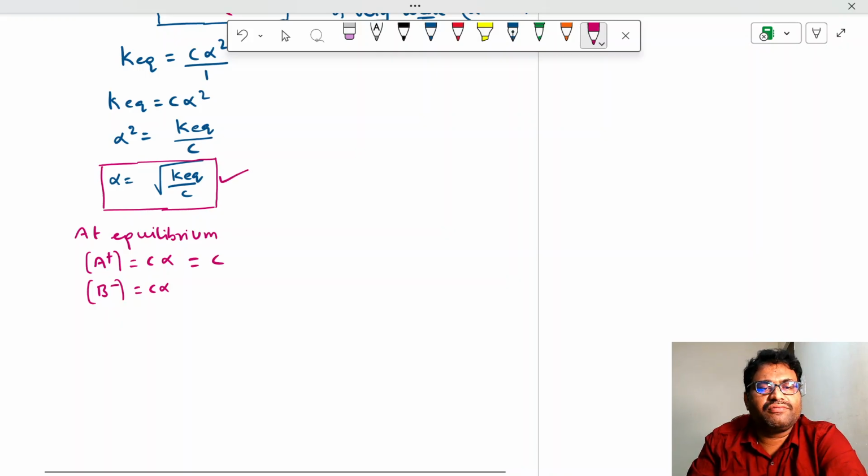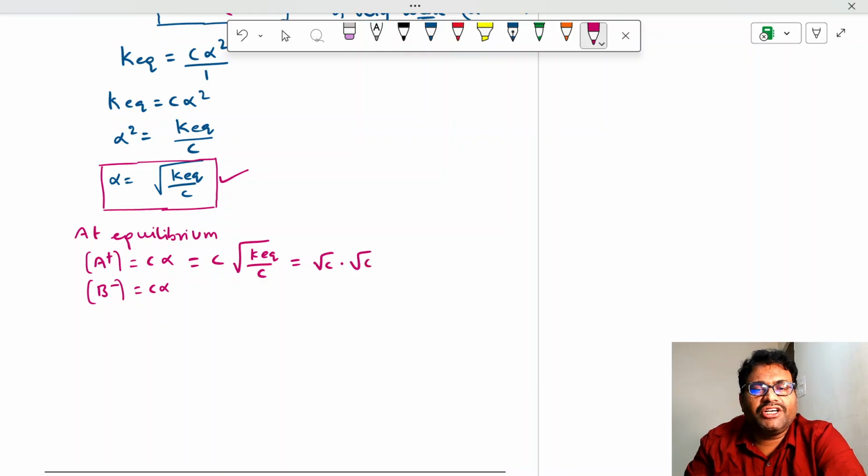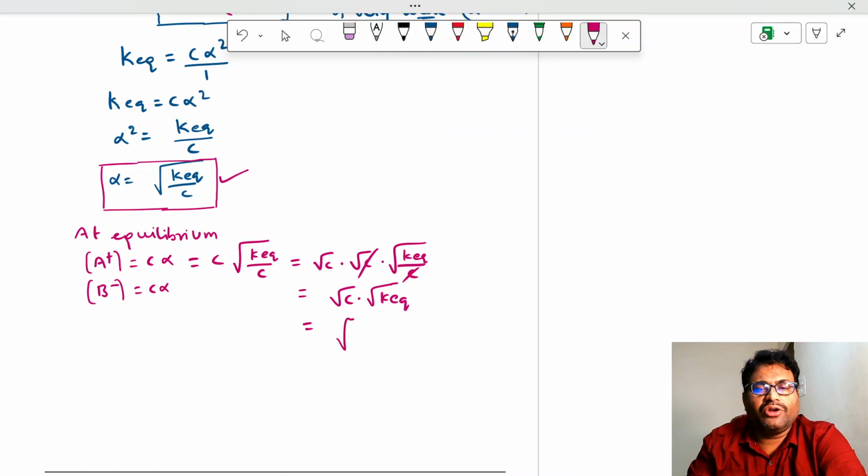Now we have derived C into root K equilibrium by C. This can be written as root C into root C into root K equilibrium by C. So root C cancels. Then what you get is root C into root K equilibrium, which I can write as root K equilibrium into C.